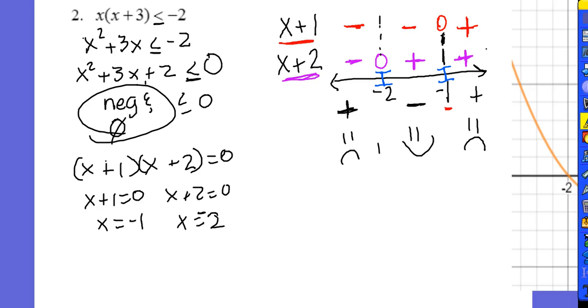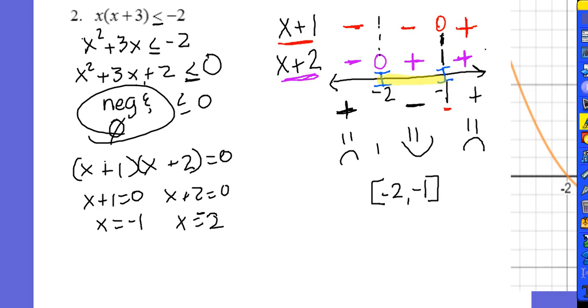Because we're looking for the negative interval, we want to use these numbers that are between -2 and -1. That's the interval that's going to provide numbers that are negative and will satisfy this inequality. So our final answer, including our zeros, is from -2 to -1 inclusive.